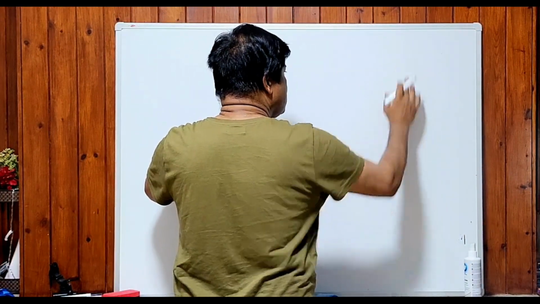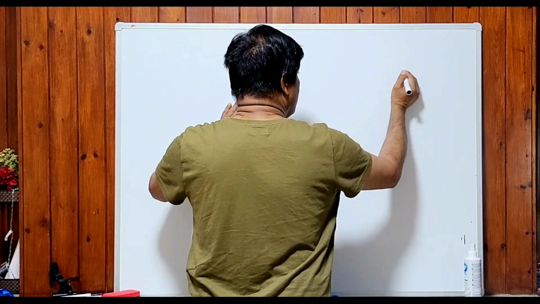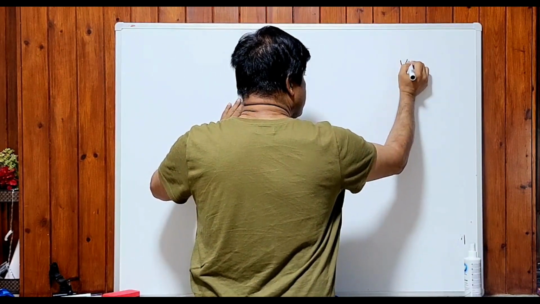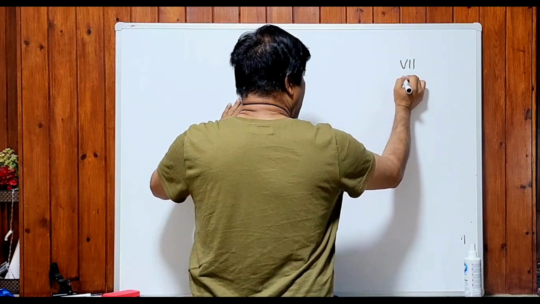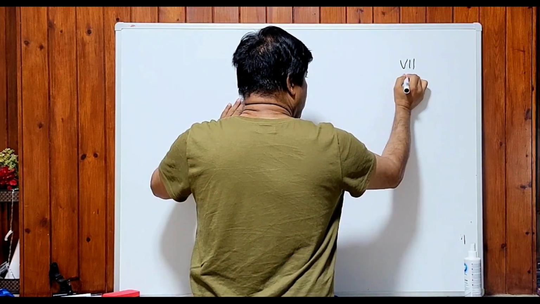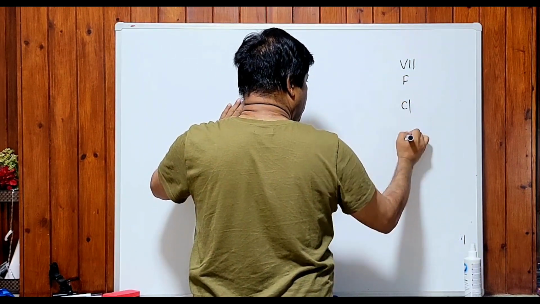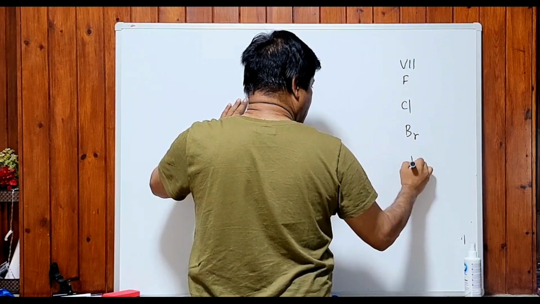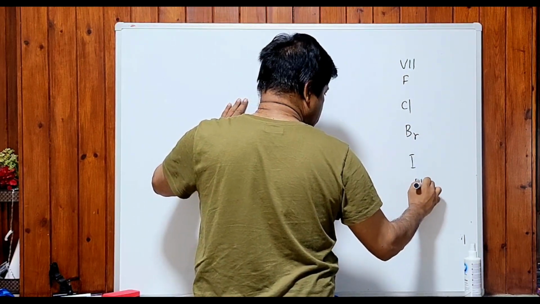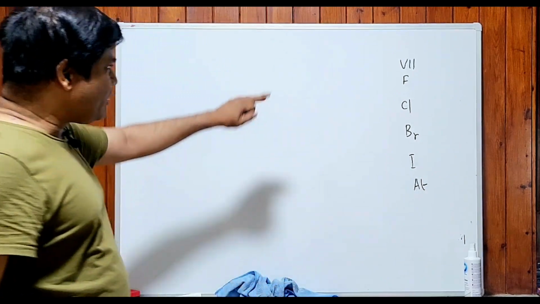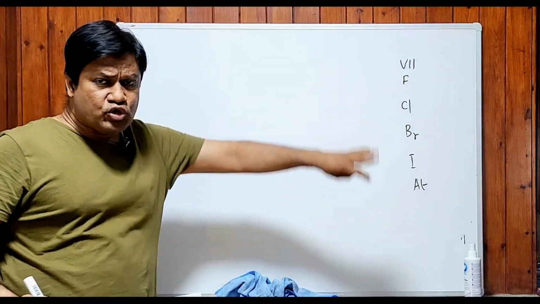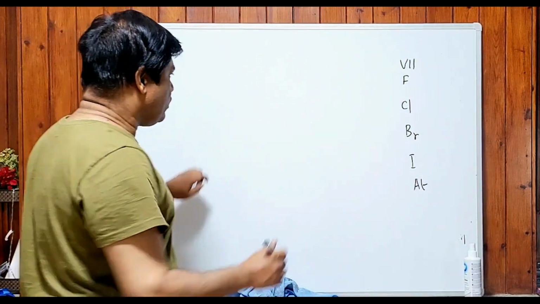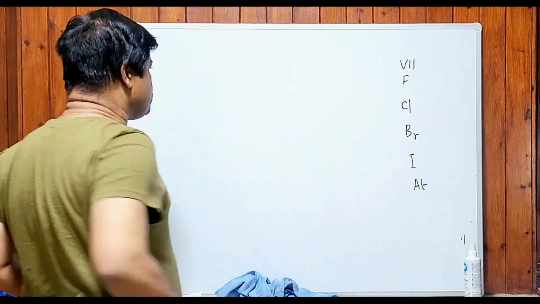So halogens, all these non-metals, are called group 7 elements or halogens: fluorine, chlorine, bromine, iodine, astatine. The 7 represents the number of electrons in the outermost shell. I'm just drawing the outermost shell.